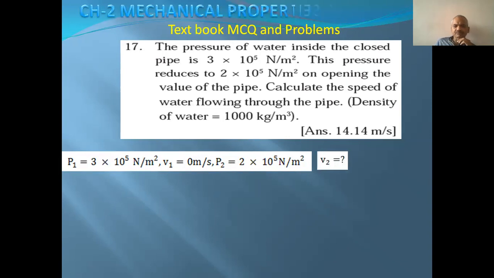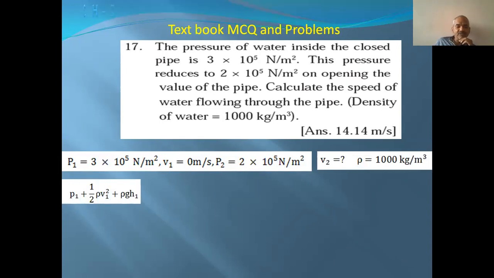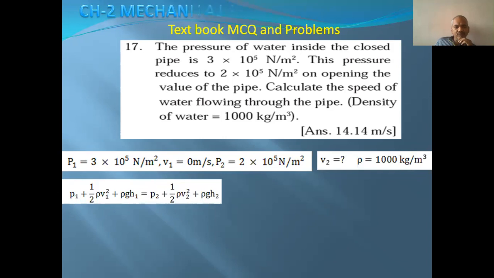Here we use Bernoulli's theorem. From Bernoulli's theorem, the energy at the first place is equal to the energy at the second place in case of the flow. The total energy, that is the pressure energy, kinetic energy per unit volume, and potential energy per unit volume, is constant. This gives the Bernoulli's theorem equation.